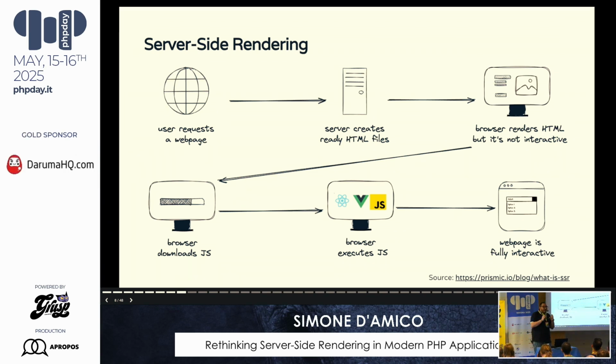So the page is already rendered, even though we don't yet have the single-page application-like experience. But right after the rendering of the page, you can start downloading and enabling the JavaScript side, which allows users to interact with the page without a full reload.